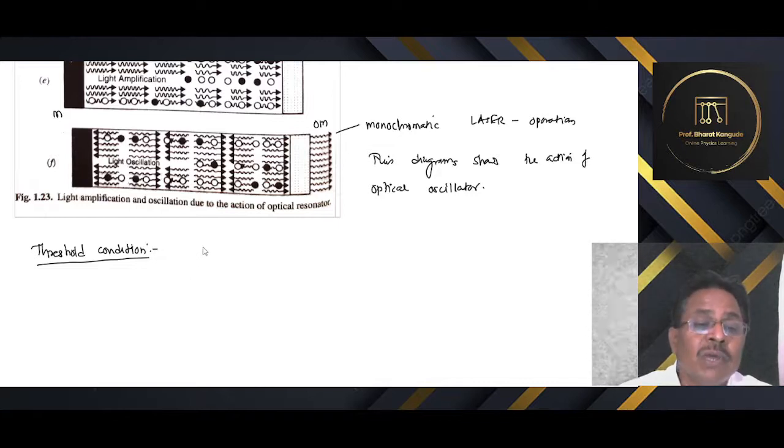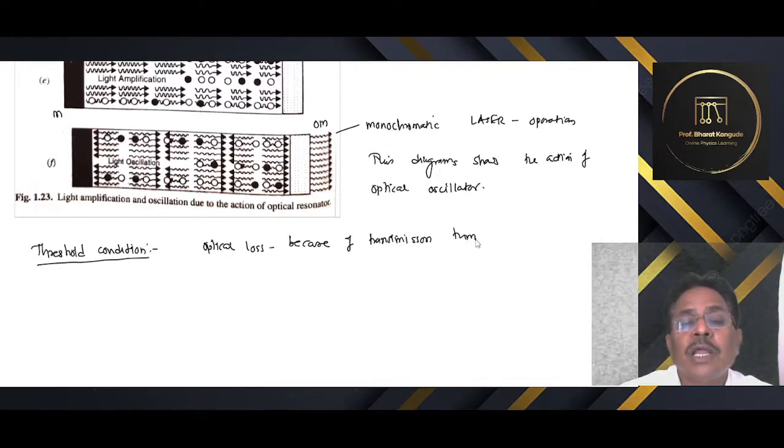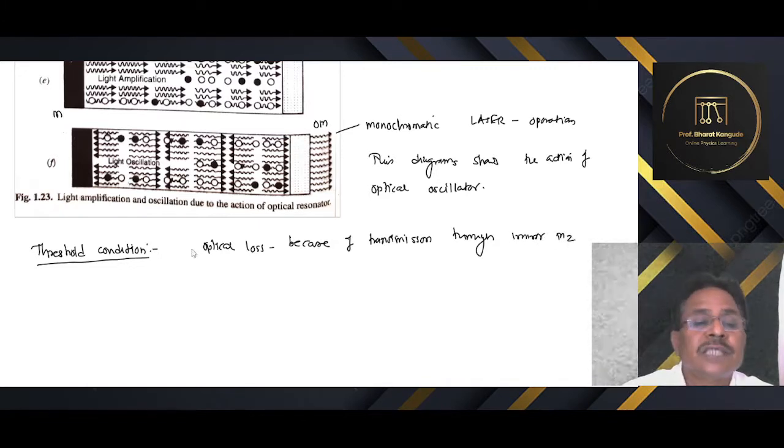One is the optical loss because of transmission through mirror M2. Second, there is the possibility of scattering, and because of scattering some light does not come in the direction either left hand side or right hand side, it goes in a random direction.